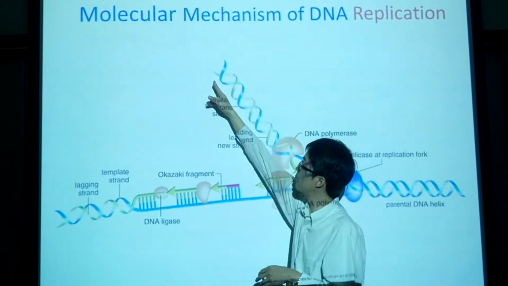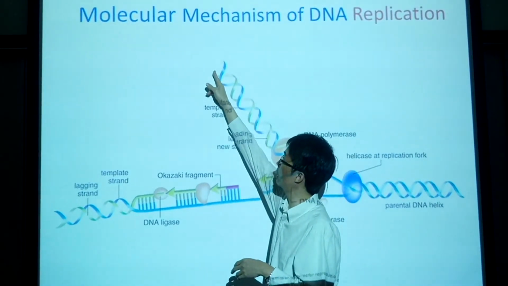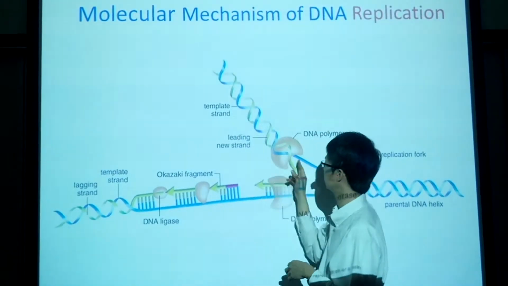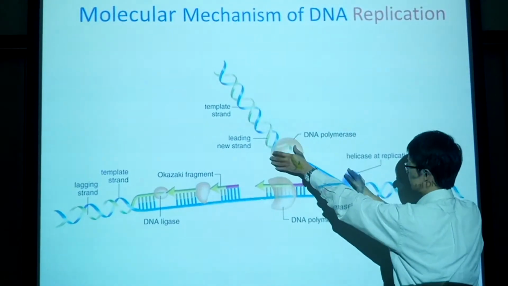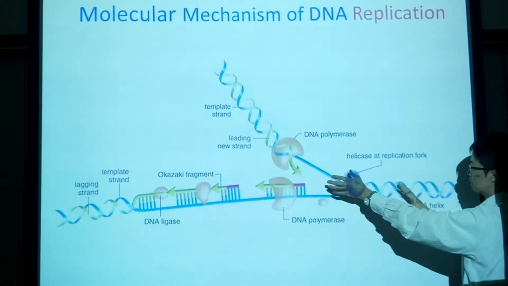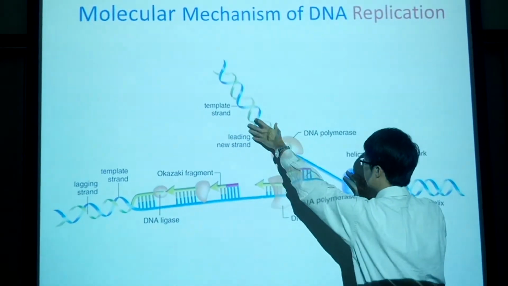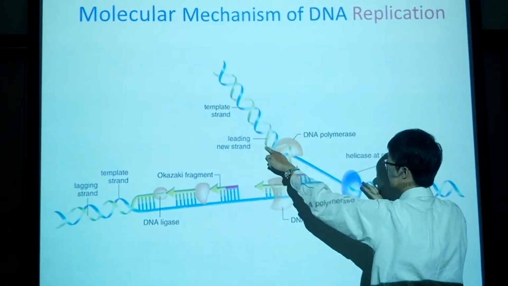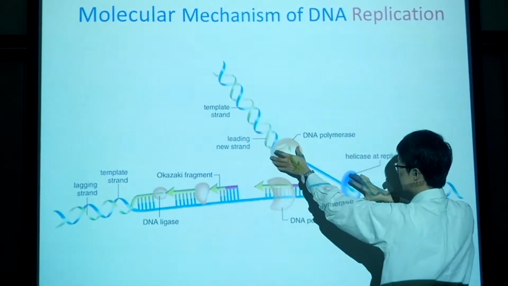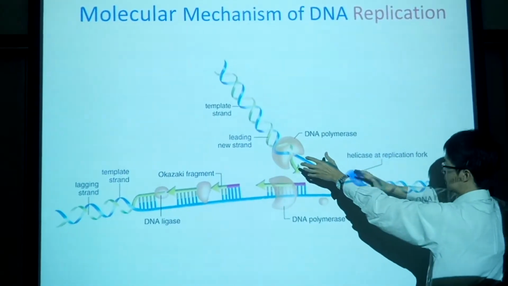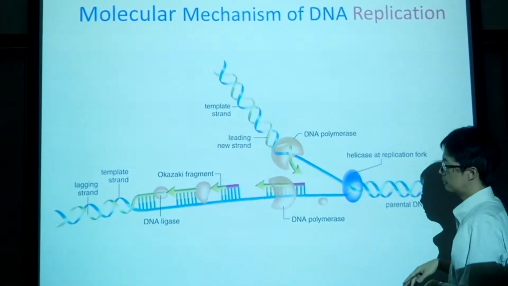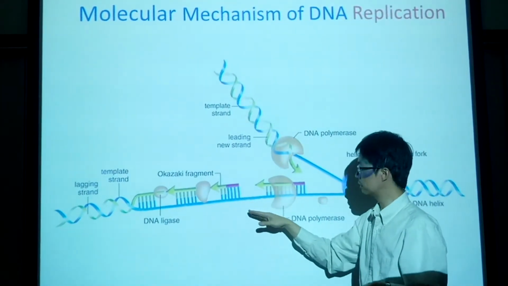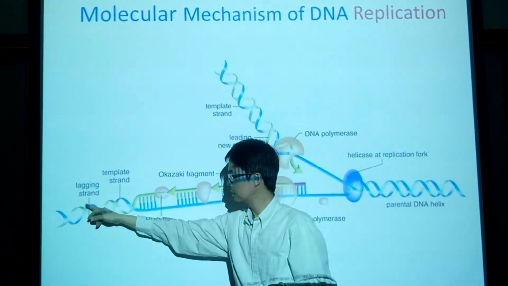The 5' is here, the green part is here, this is 5' and this is the 3'. The DNA polymerase is moving in the same direction as the helicase. So while the DNA polymerase is replicating this leading strand, the helicase keeps on unwinding, so they move in the same direction. But for this part, we call it the lagging strand.